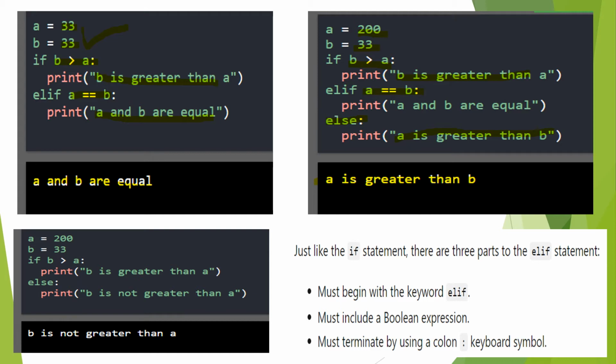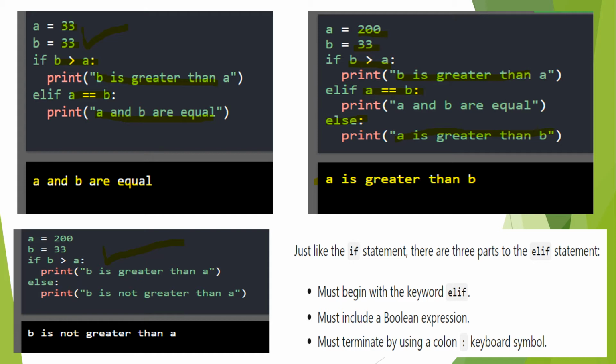Now, you can also have an else without the elif, just like the example we have here below. The elif, or rather else if statement, is another optional statement that can be added below an if statement. To test another related Boolean expression, use the elif statement.